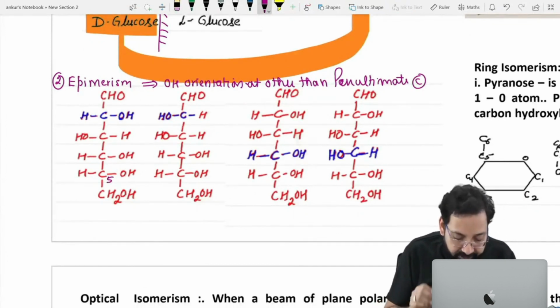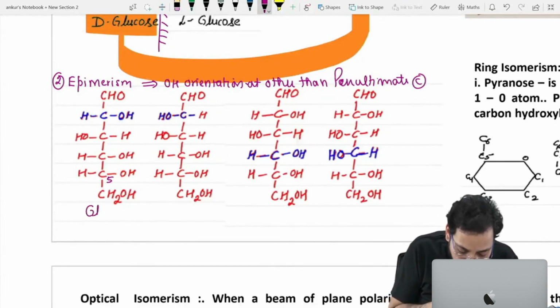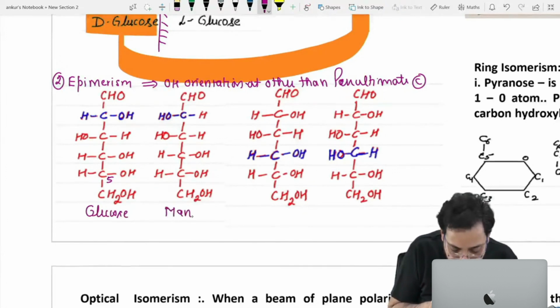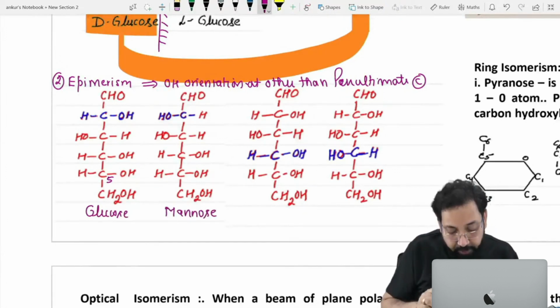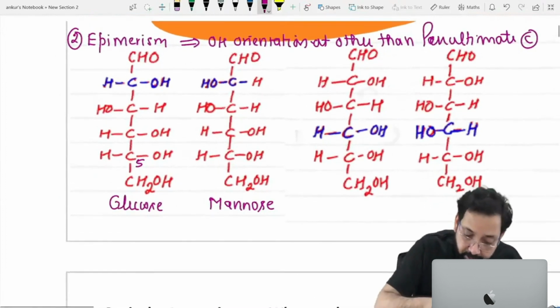If the OH orientation is changed, that is epimerism. Yes, if I write glucose here and mannose here, okay, glucose and mannose, look at the screen.